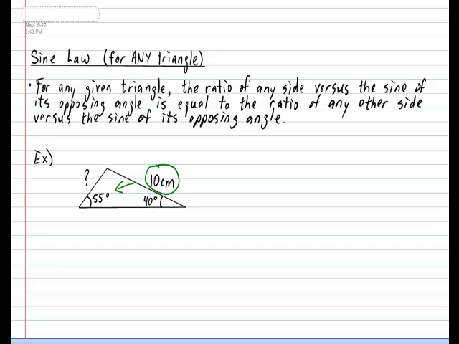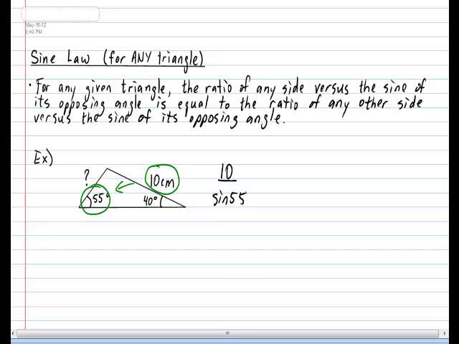And its opposing angle is the 55. So I'm going to write the ratio like this: 10 over sine of 55. This is the ratio of the 10 centimeter side versus the sine of its opposing angle.